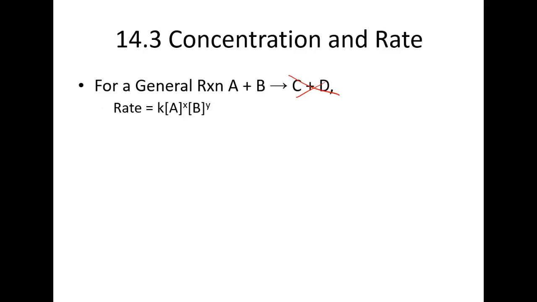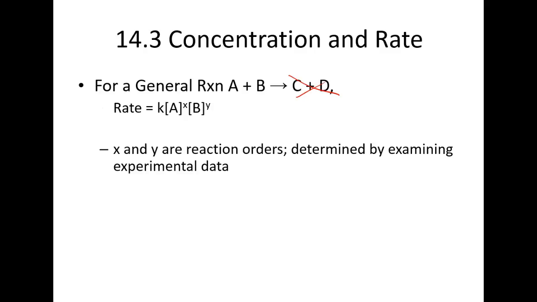It's always based off of concentrations of the reactants. x and y, those exponents that you see, are called reaction orders. Those are determined by examining experimental data. Some of the problems we're going to look at, you will be given different trials or experiments with concentration data and rate data, and we will use those to determine x and y.